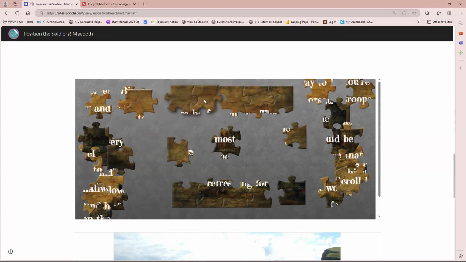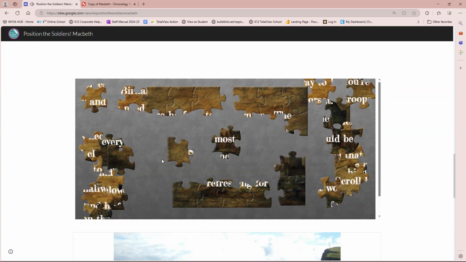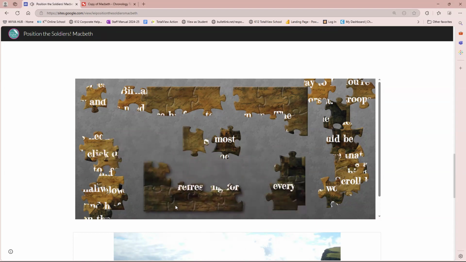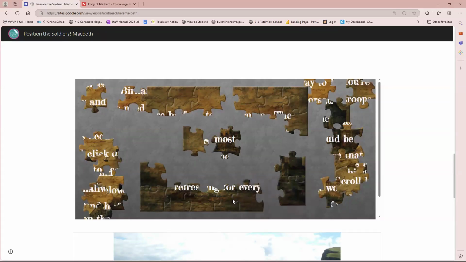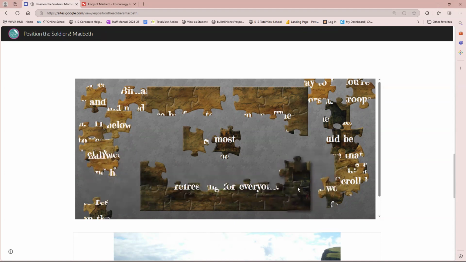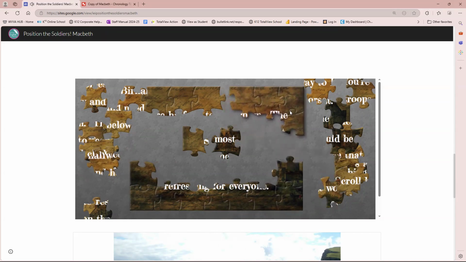All right, so it keeps moving around. There should be another piece that fits.